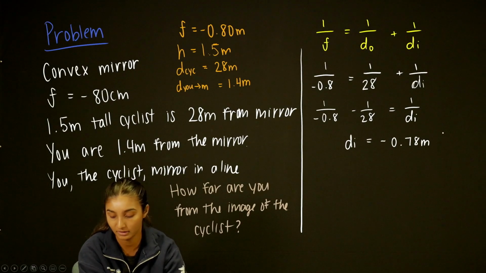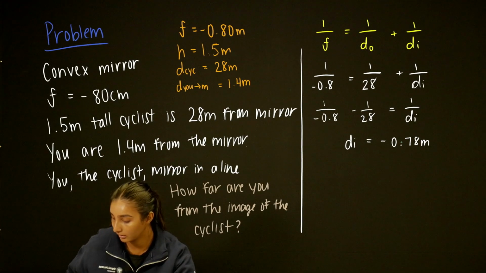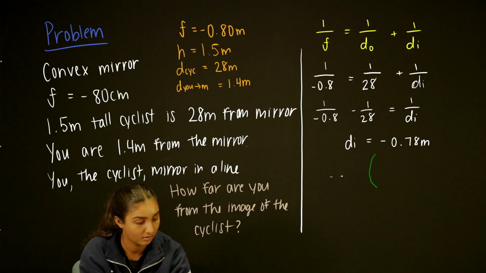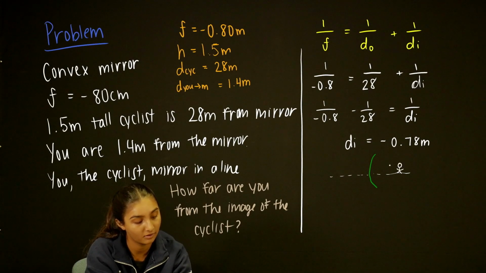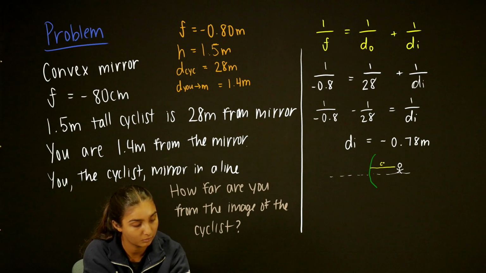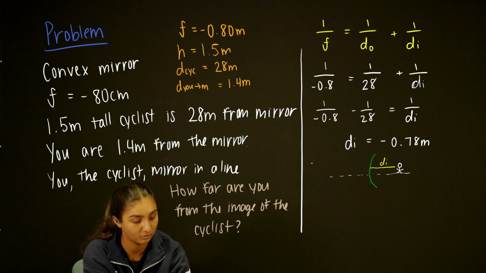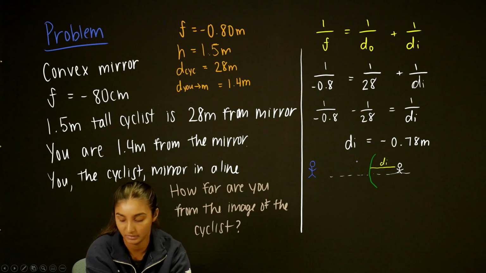If we were to look at an image of what exactly they're asking, our convex mirror would be like this. Basically our cyclist's image would be behind the mirror at a distance of 0.78. And we want to see how far we are. We would be somewhere over here, and we know that we are a distance of 1.4 from the mirror.